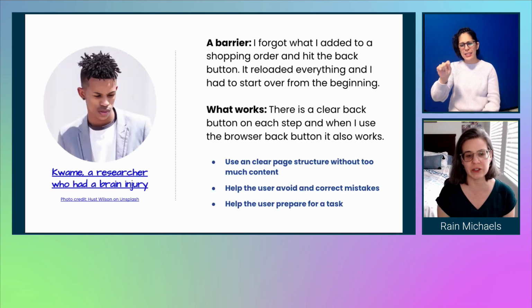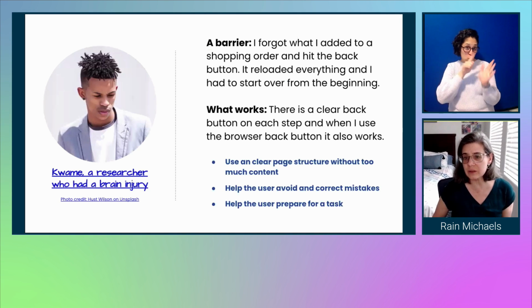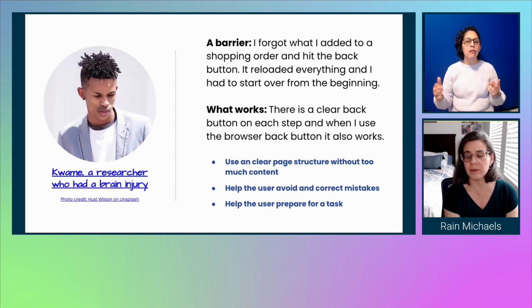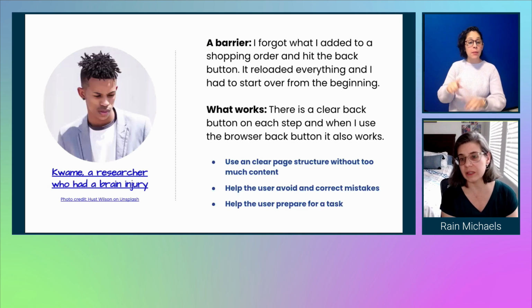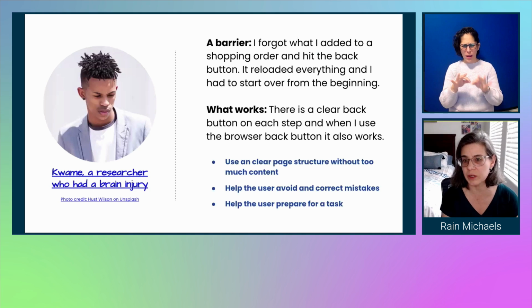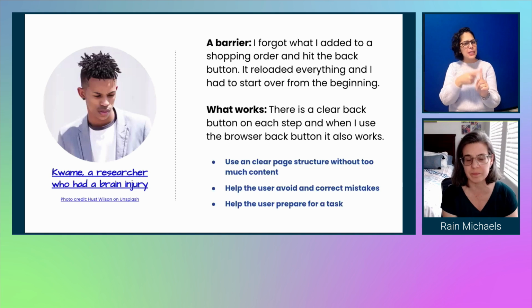As a researcher, this individual is presumably highly educated and probably a complex problem solver, as researchers need to be. But at the same time, he has an accessibility barrier. He needs his memory to be supported because sometimes he won't remember what happened a moment ago.